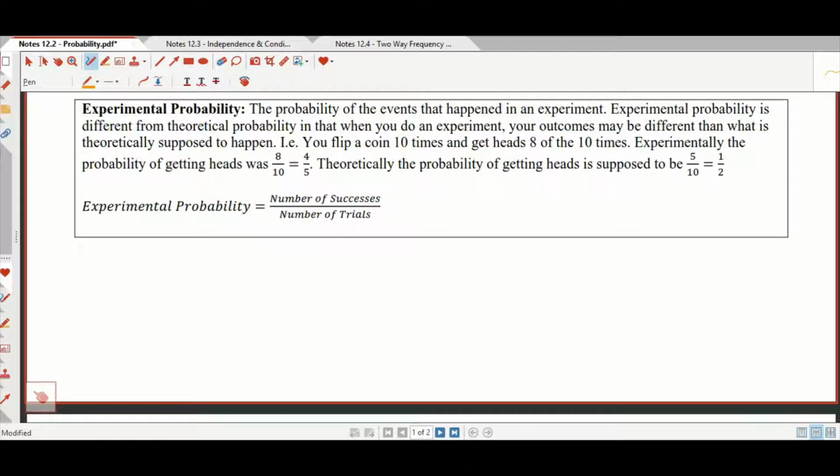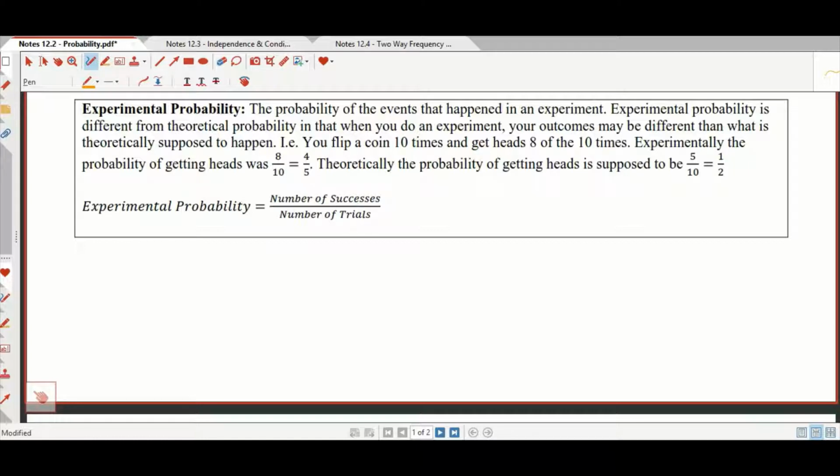If you flip a coin 100 times, do you think you are definitely going to get 50 heads and 50 tails for sure? No, you're probably going to wind up getting something like 55 heads and 45 tails, something that's not exactly 50-50.